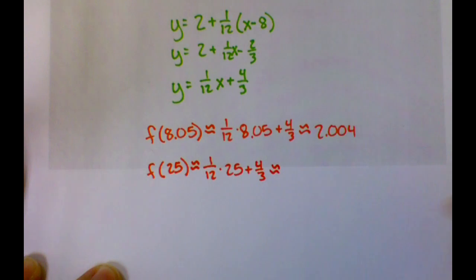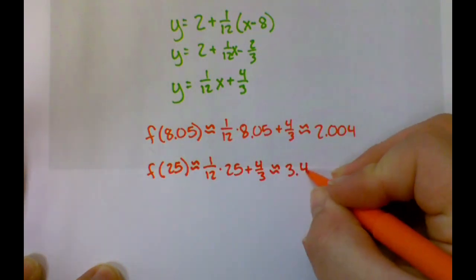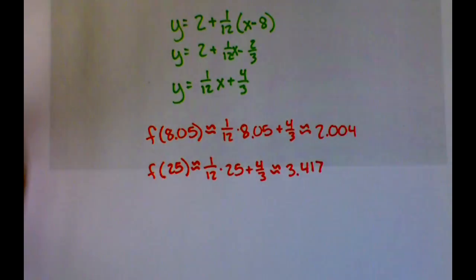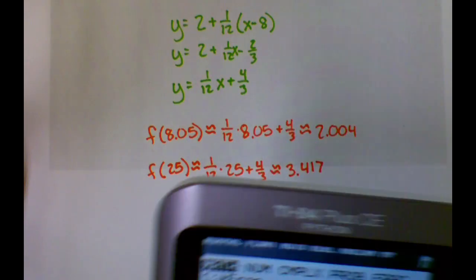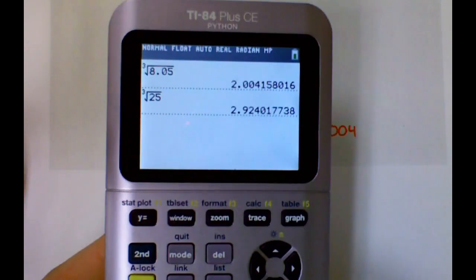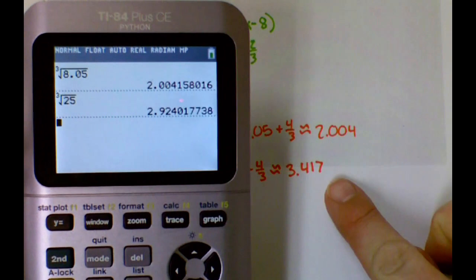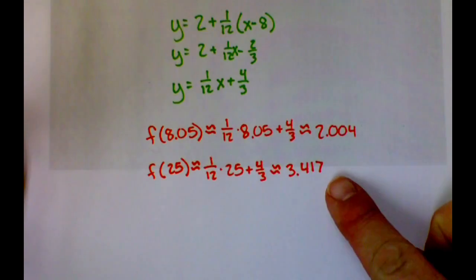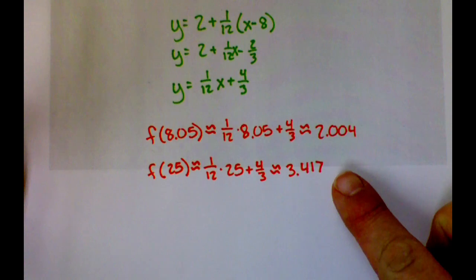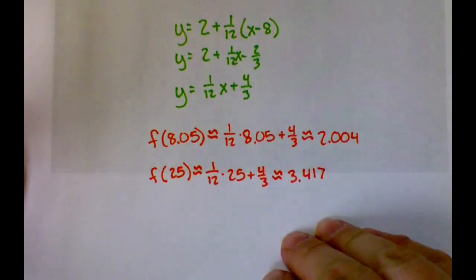I type that in my calculator, I get about 3.417. Well, let's see here. The cube root of 25 is actually 2.924. We're not actually that close. So the further I got away from 8 as my input, the further off my approximations became.